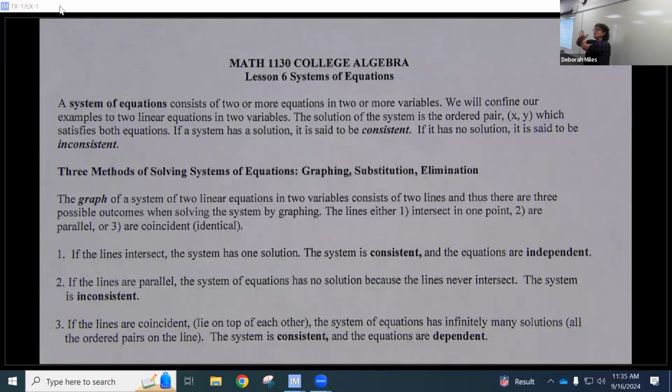I'm just talking about the points where the 2 lines cross. If this is all the solutions to the first equation and this is all the solutions to the second equation, then what's that one point that's on both lines? It's the solution to both equations. In other words, that's what we're looking for.